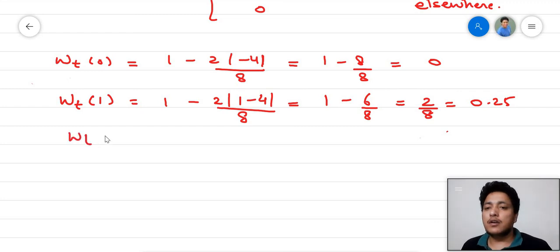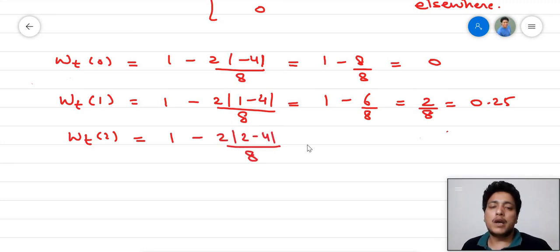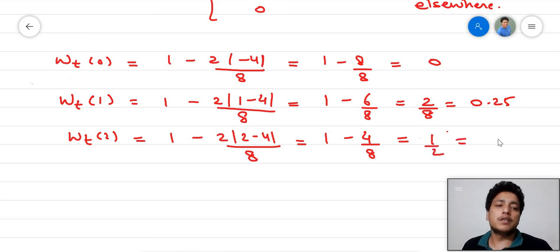Then w_t(2) equals 1 minus 4 by 8, equals 1 by 2, that is 0.5.